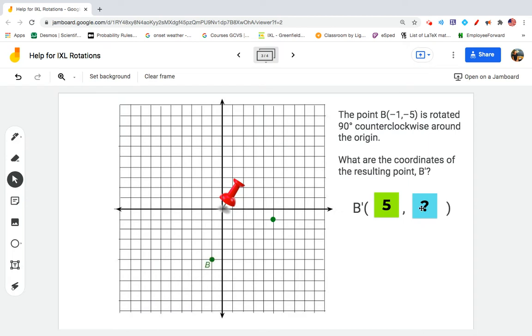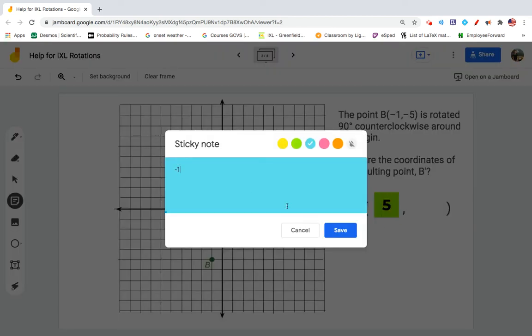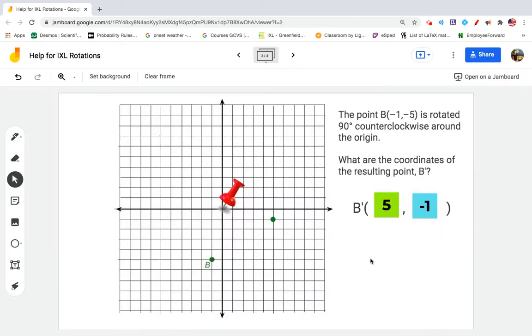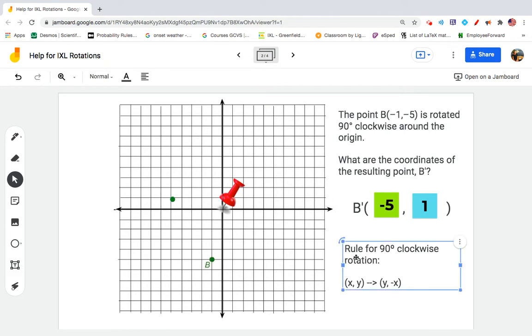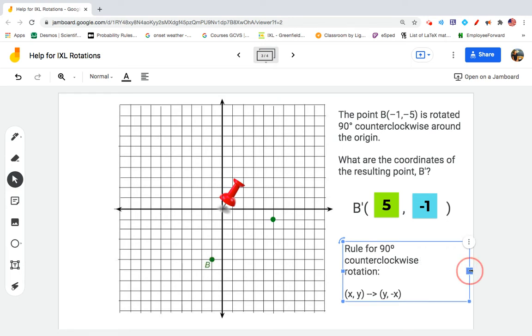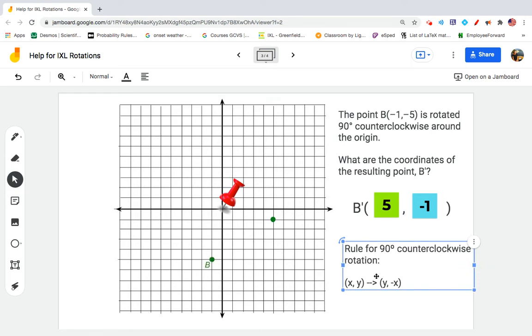So could we make a rule about a 90 degrees counterclockwise rotation? Well, here was the previous rule. But for the counterclockwise rotation, let's see if we can adjust this. All right, 90 degree counterclockwise rotation.